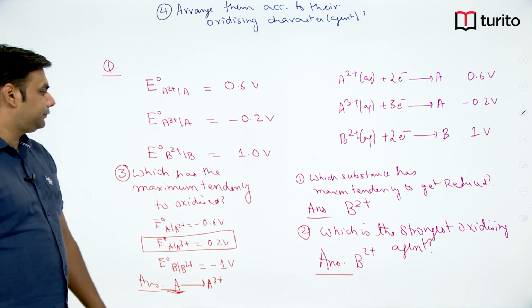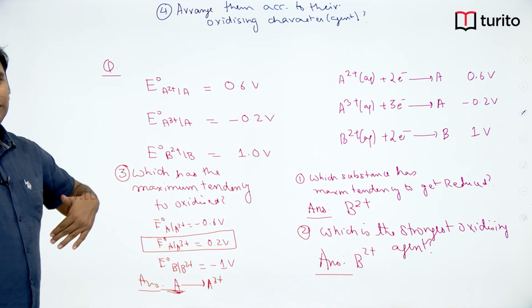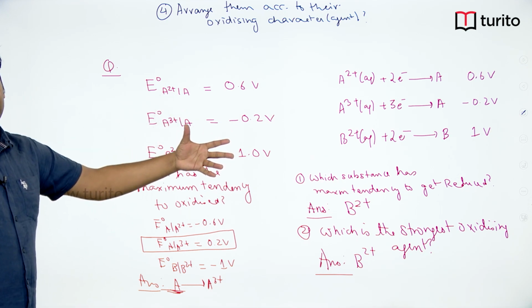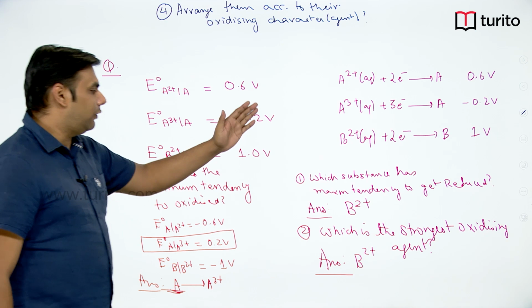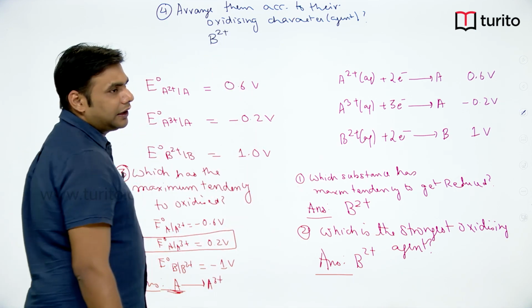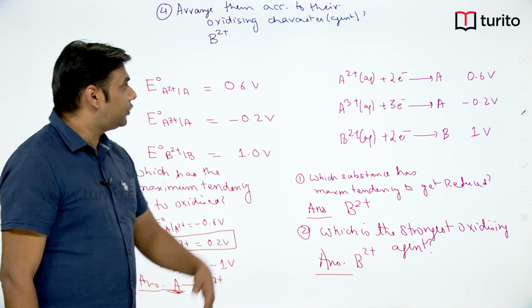So we know that the substance which is getting easily reduced will have the maximum oxidizing power. We have already said that B2+ is having the highest tendency to get reduced, so it would be most oxidizing in nature.